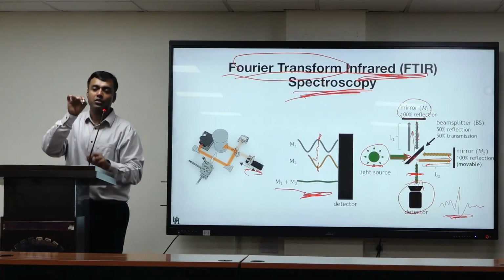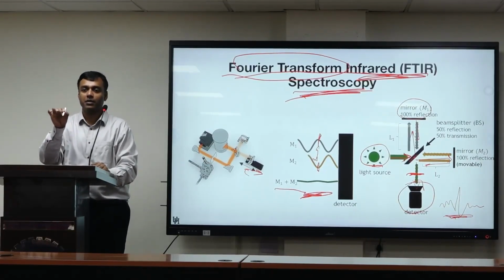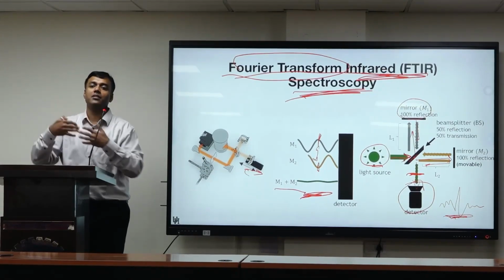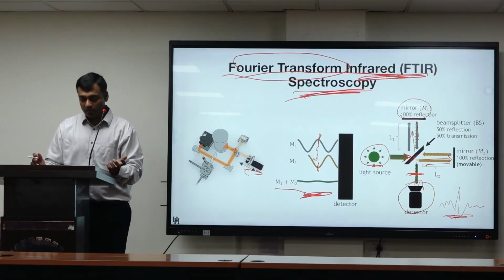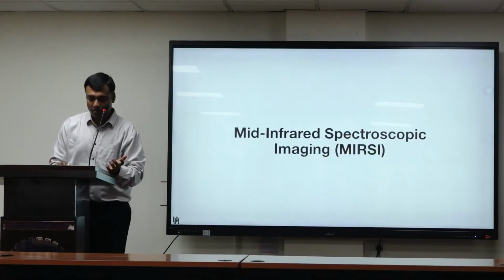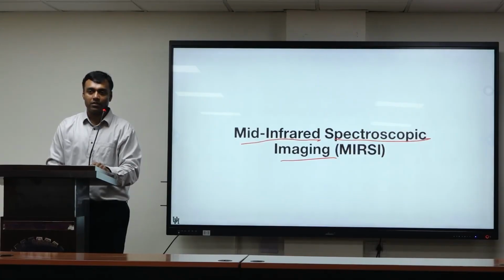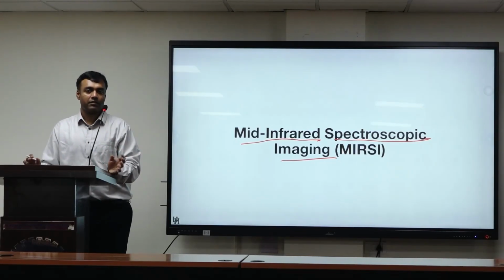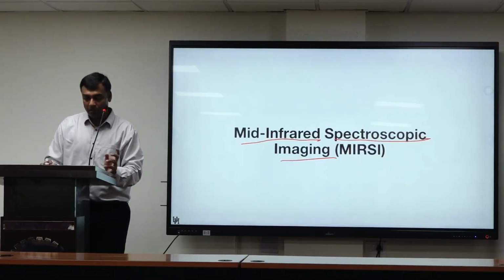You make a spectral measurement at one pixel, a spectral measurement at another pixel, and so on, so you get an image along with spectral information at every pixel. That is what's called spectroscopic imaging. This approach is called mid-infrared spectroscopic imaging.